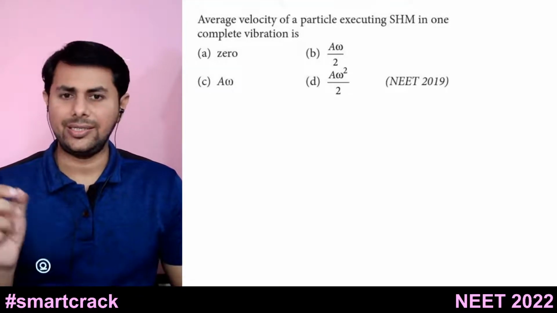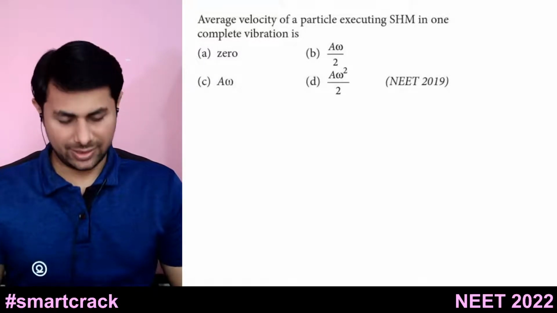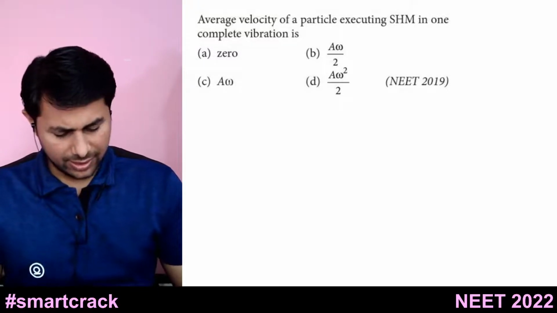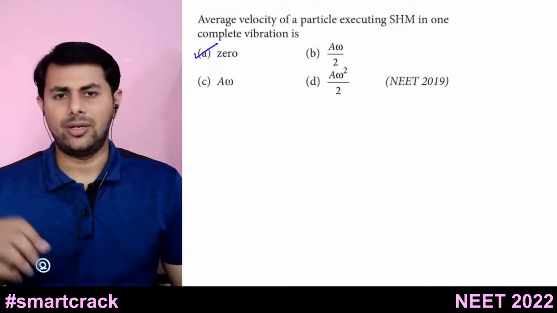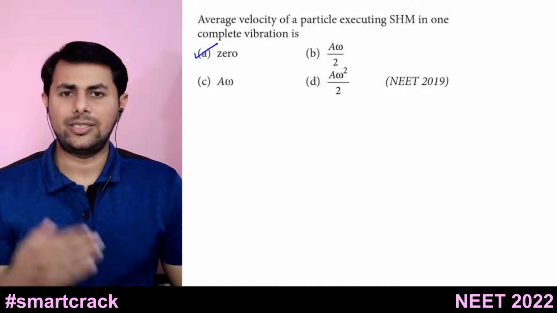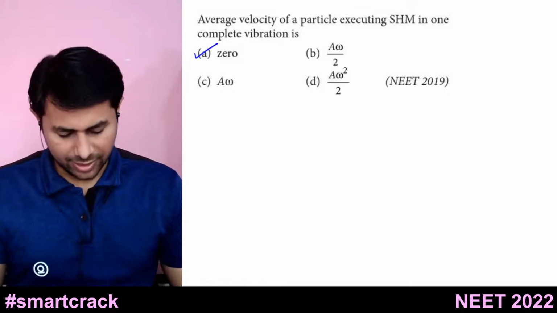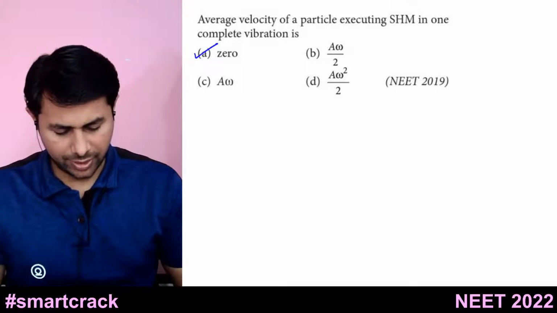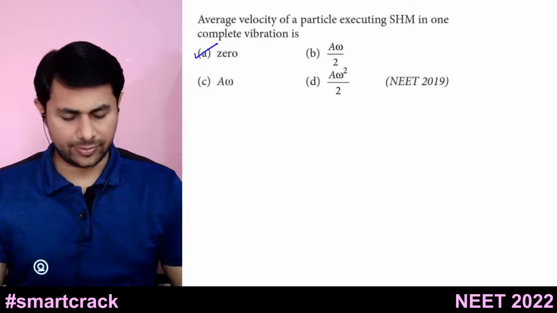So since it ends at the same position, it does not displace. So there is no displacement, and since there is no displacement, what is velocity? It is displacement divided by time. And since displacement is zero, velocity is also zero. So the average velocity of SHM is what? It is zero. Okay.